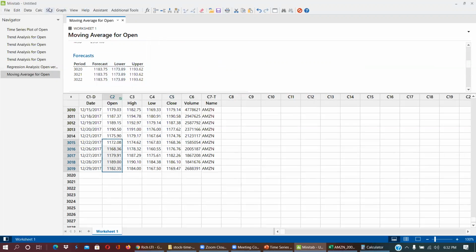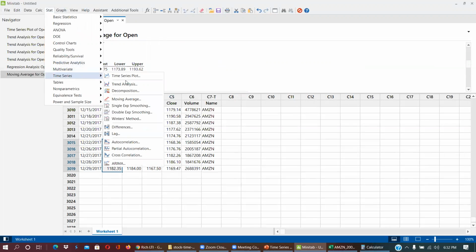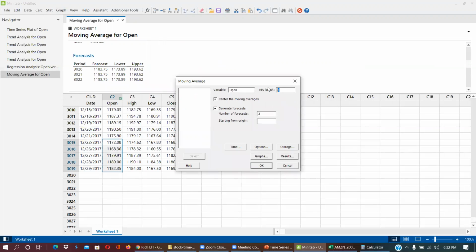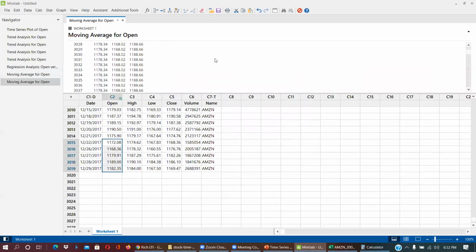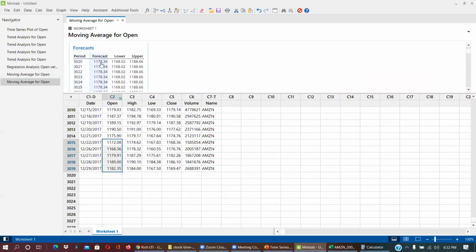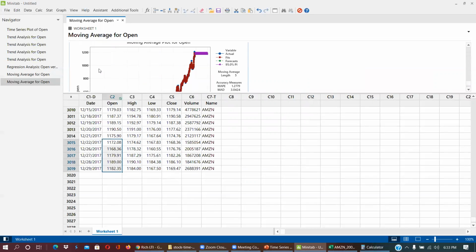Let me do another one: time series, moving average, and I'm going to take a 5 moving average with 365 forecasts. All the forecasted values will be exactly the same. Look at the forecasted values: 1178, 1178, 1178, everything is exactly the same.